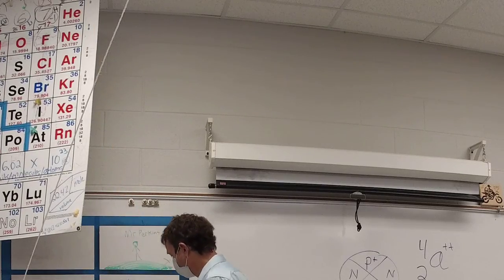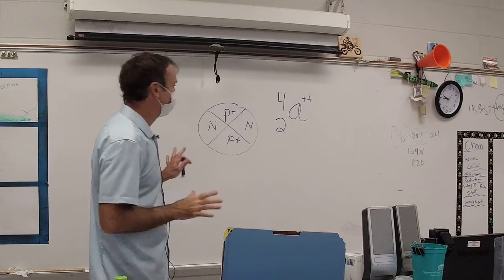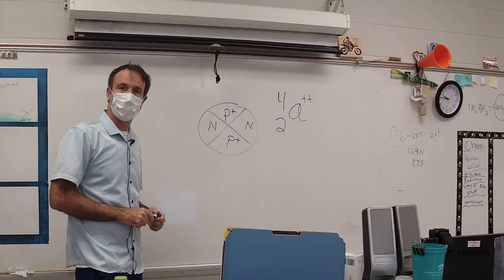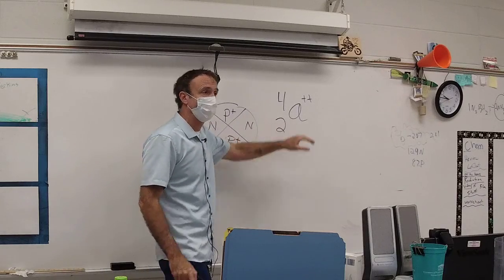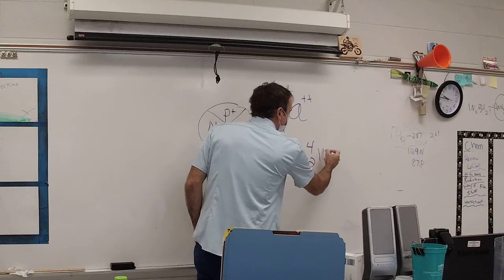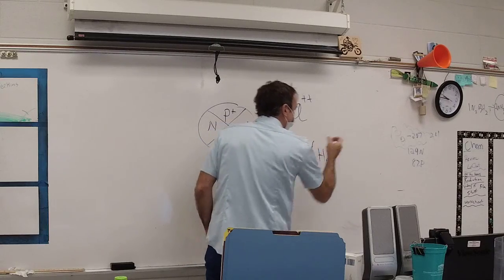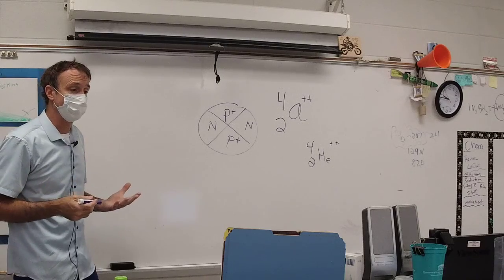So basically, an alpha particle is really just like the nucleus of a helium atom. So very often, instead of 4 over 2 alpha plus plus, you'll see 4 over 2 He plus plus. Because an alpha particle is just like the nucleus of a helium atom.